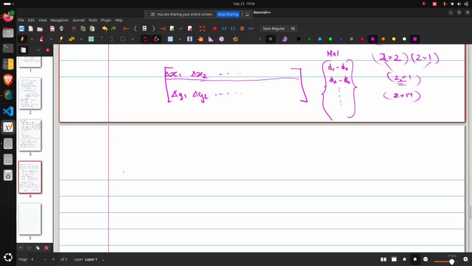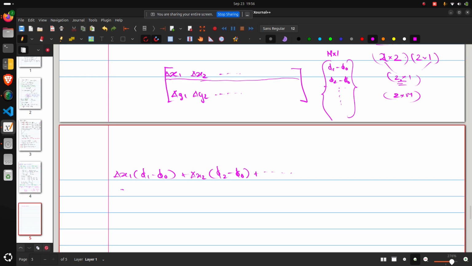In the B prime matrix, the first element will be delta x1 times phi 1 minus phi naught plus delta x2 times phi 2 minus phi naught and so on, and the second term will be delta y1 times phi 1 minus phi naught plus delta y2 times phi 2 minus phi naught and so on, right. This is the vector that we get from A transpose times the B matrix. Okay.